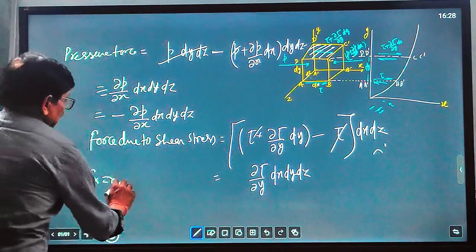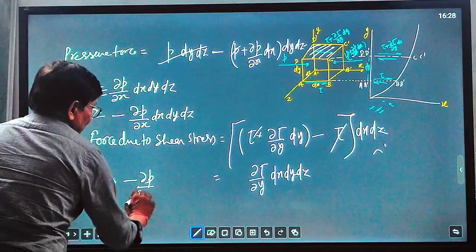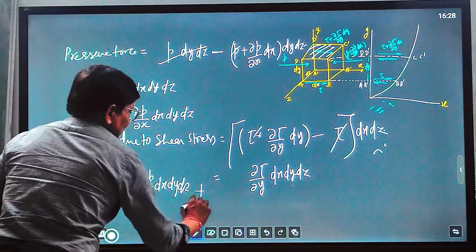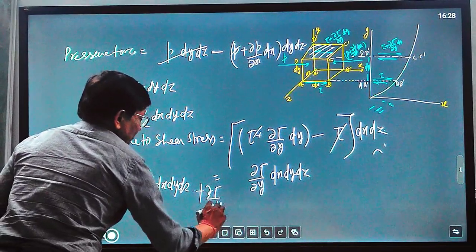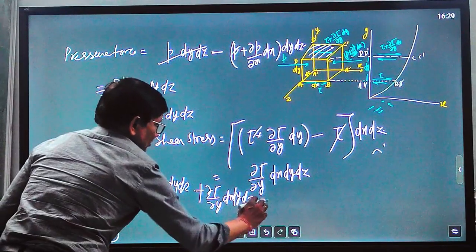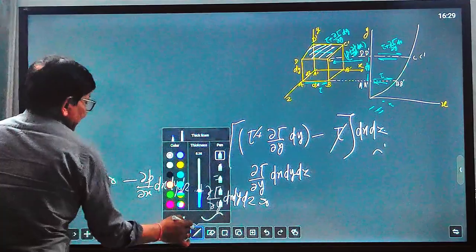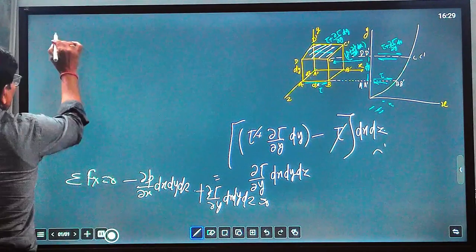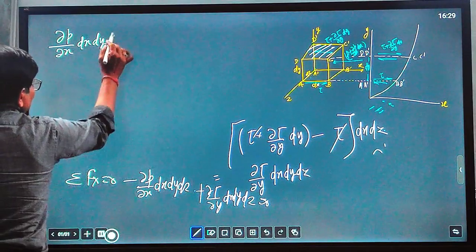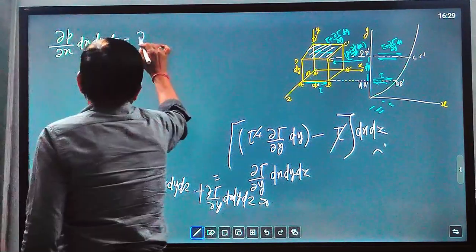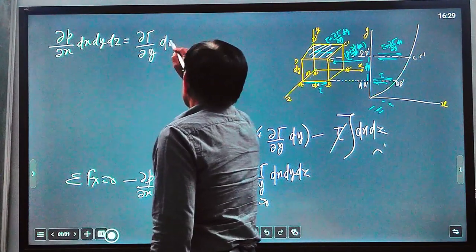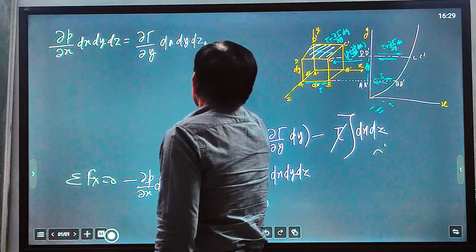So that is equal to minus del P over del X dx dy dz plus del tau over del y dx dy and dz equal to 0. Simplifying, we get del P over del X dx dy dz equal to del tau over del y dx dy dz.